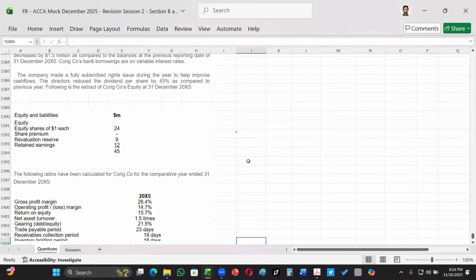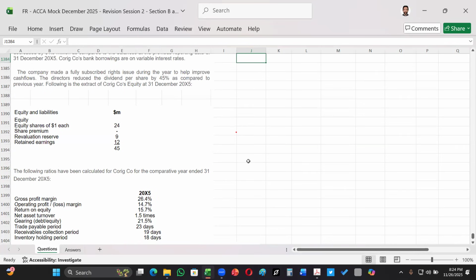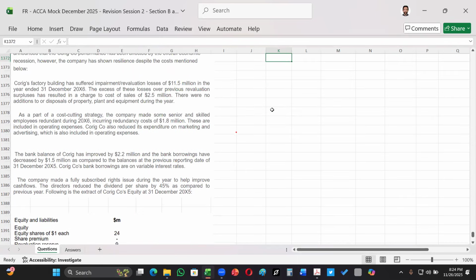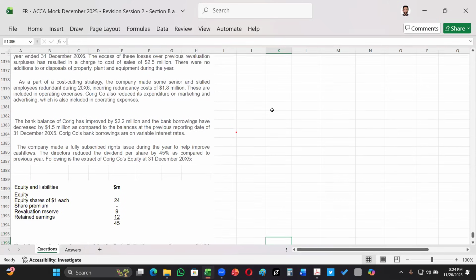So now we're looking at the equity situation. This is the equity situation following the extract of the company's equity at 31st of December 2025. Okay, so we have the equity here. They have given us the equity for the current period, and they've also given us the equity for the previous year.